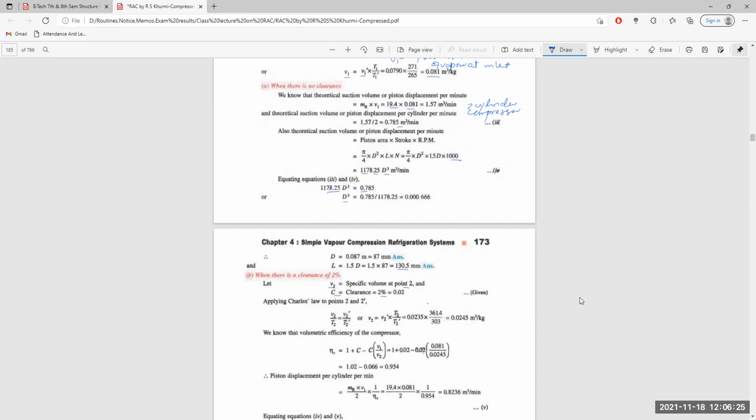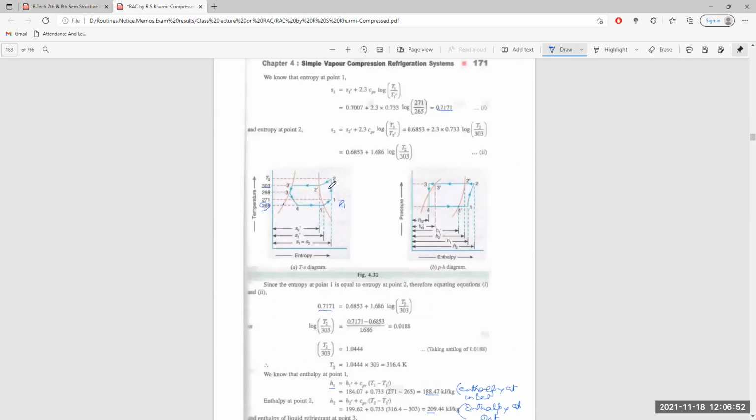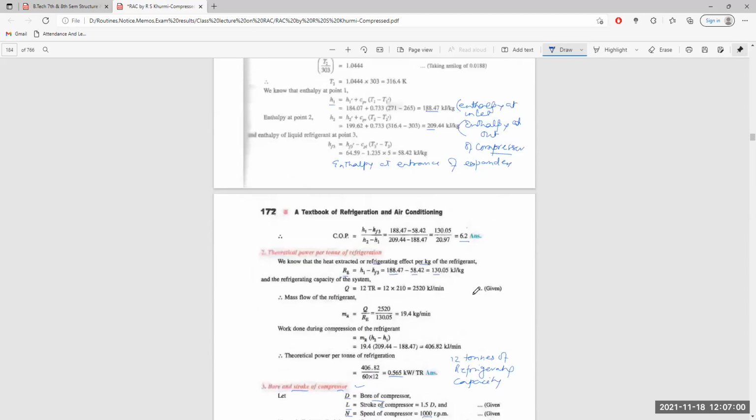So applying Charles' law to points 2 and 2 dash, where 2 is the specific volume at the outlet, inside the condenser, which is shown, and 2 dash is at the condenser itself.